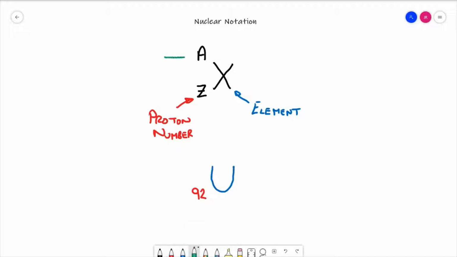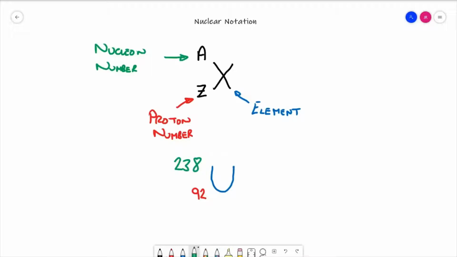The next one is A, and A is the nucleon number. The nucleon number, of course, from the last slide is the number of nucleons, so the collective number of protons and neutrons that are in that particular nucleus. So for uranium, I will just pick 238 for now.